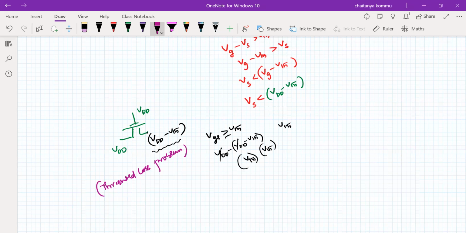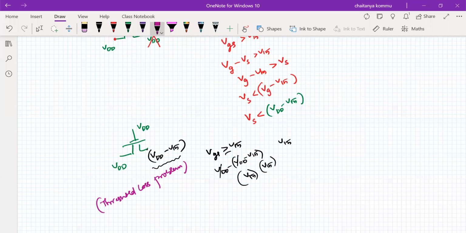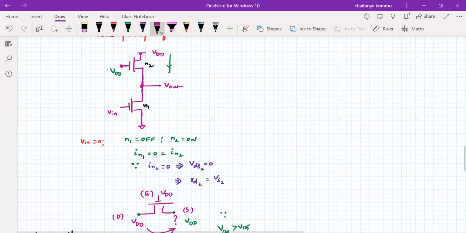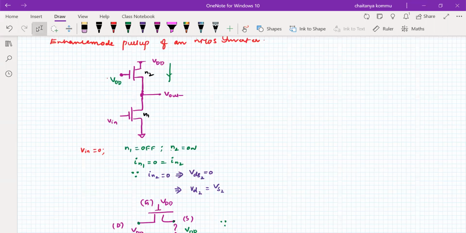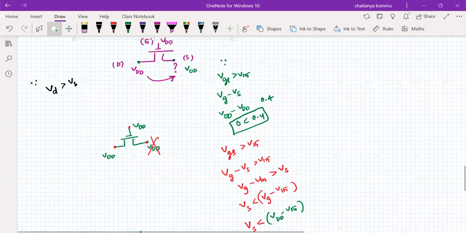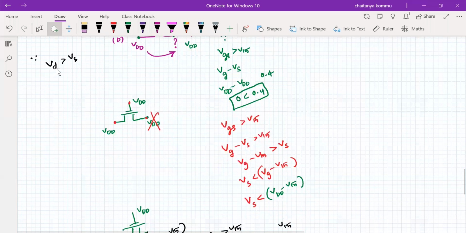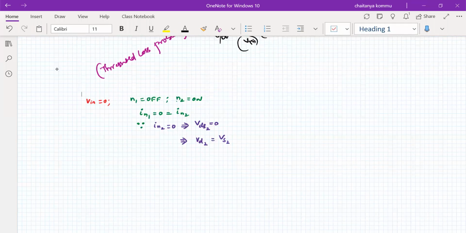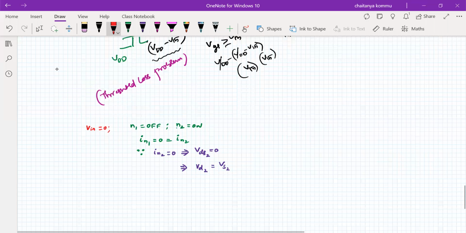Therefore, what is the scenario now? If you consider this is the situation for Vin, and if you put it here, what is the value that we observe? Vout is nothing but VS2.